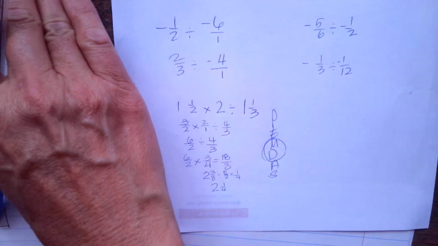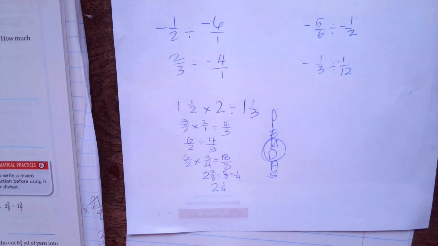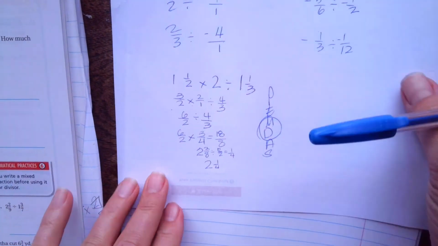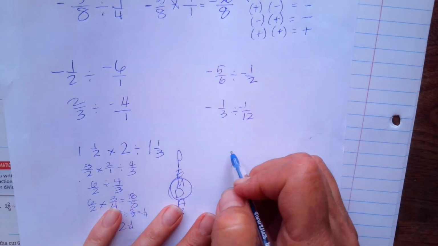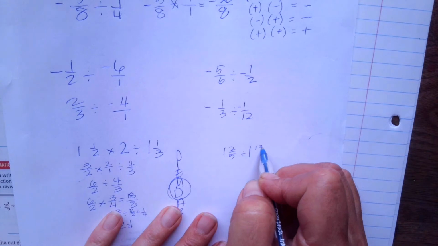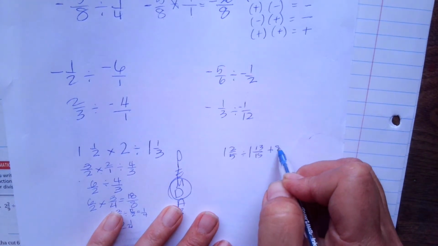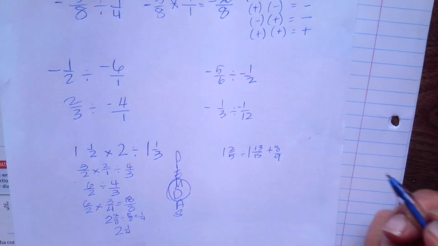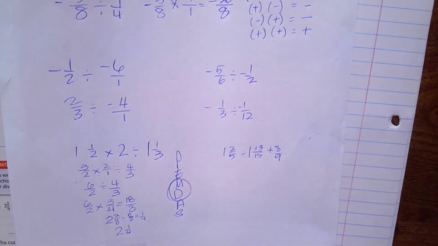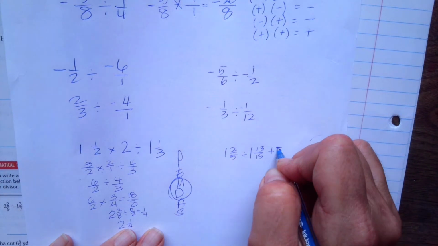Okay, so you are going to do for homework 1 and 2/5 divided by 1 and 13/15 plus 8/9. Sorry, 5/8.